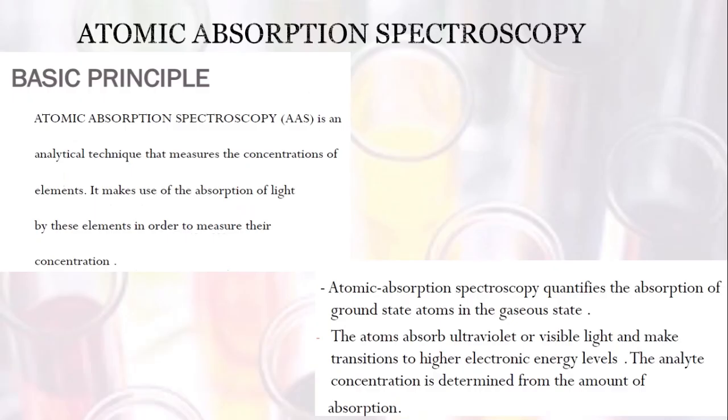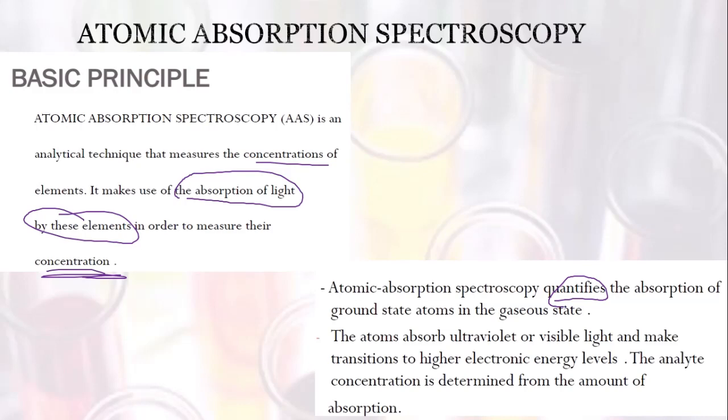Yeah? So atomic absorption spectroscopy, AAS, is an analytical technique that measures the concentrations of elements, and it makes use of the absorption of light by these elements in order to measure their concentration. So atomic absorption spectroscopy will quantify the absorption of ground state atoms in the gaseous state.